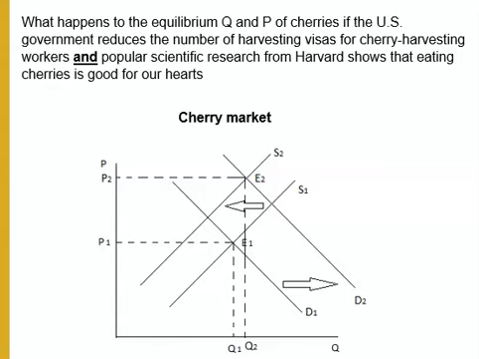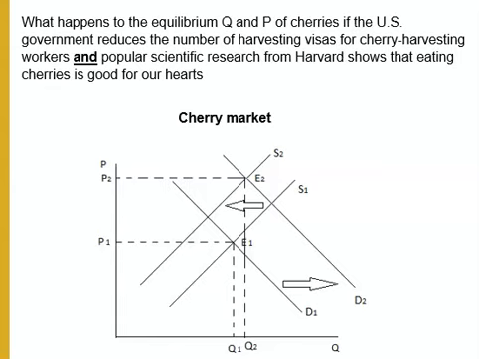At the same time, popular scientific research from Harvard shows that eating cherries is good for our hearts. You know, there are millions of people who have some types of heart conditions in the United States. If more and more research shows the benefit of cherries for our hearts, many people would start consuming more cherries.